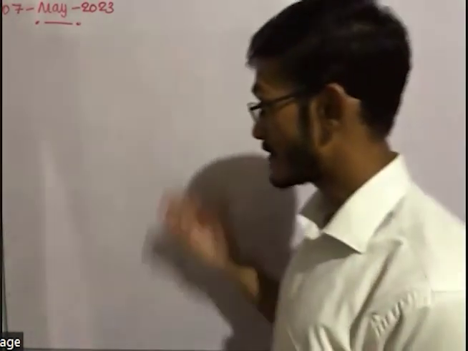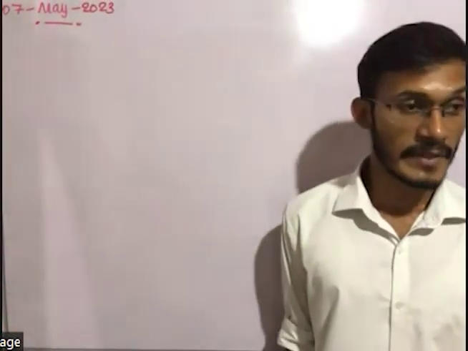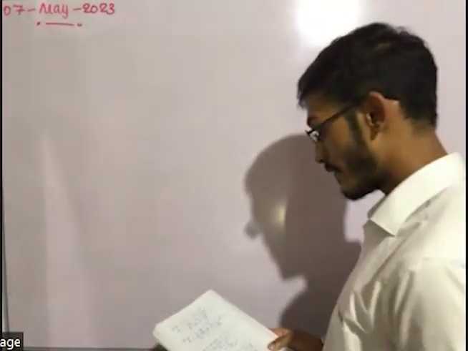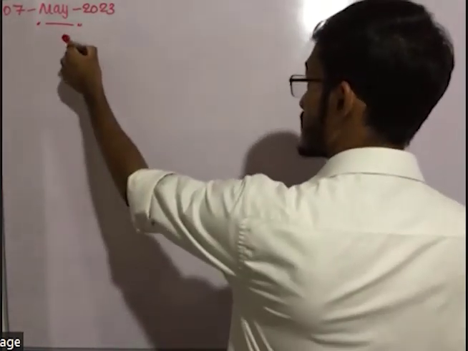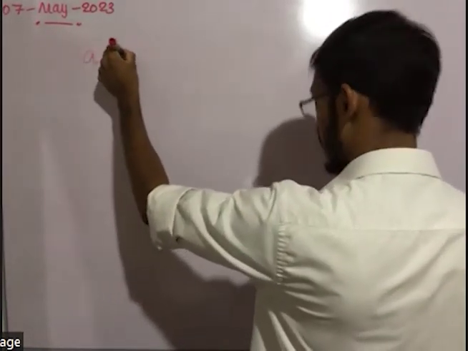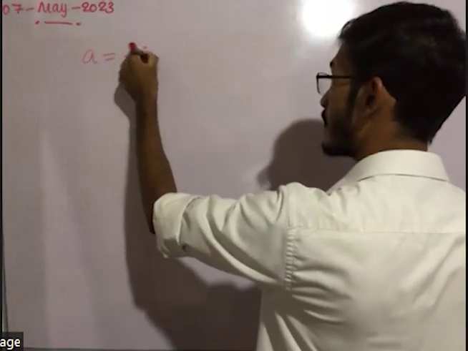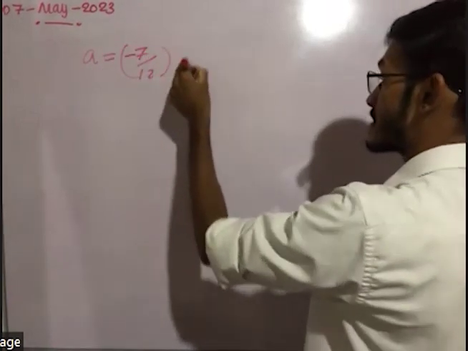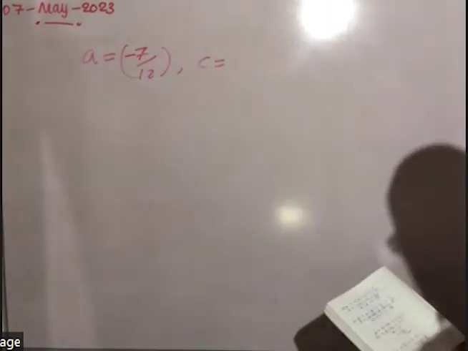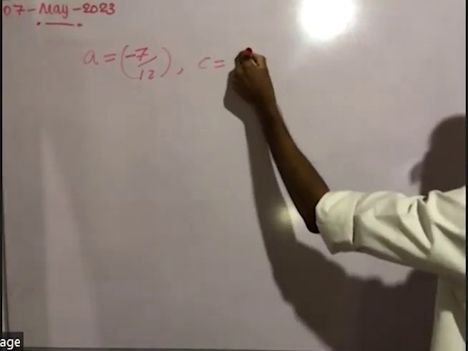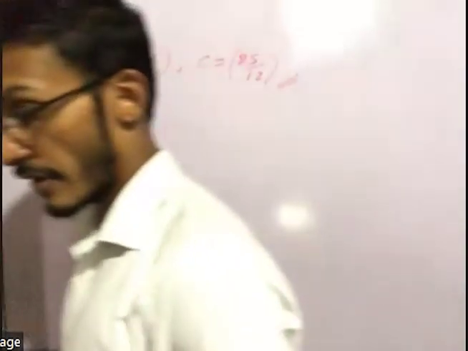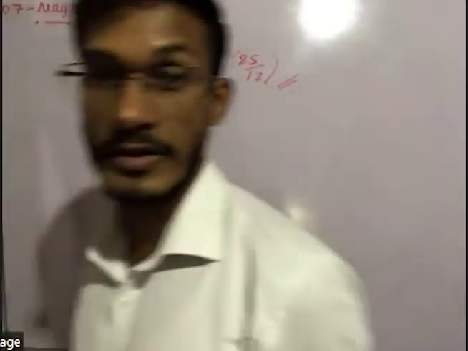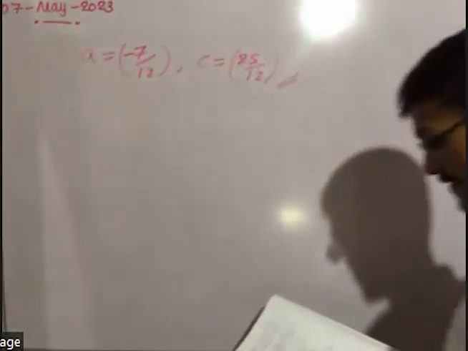So a will become minus 7 over 12, and c will become 25 over 12. So now we know the values of all the 4 constants.